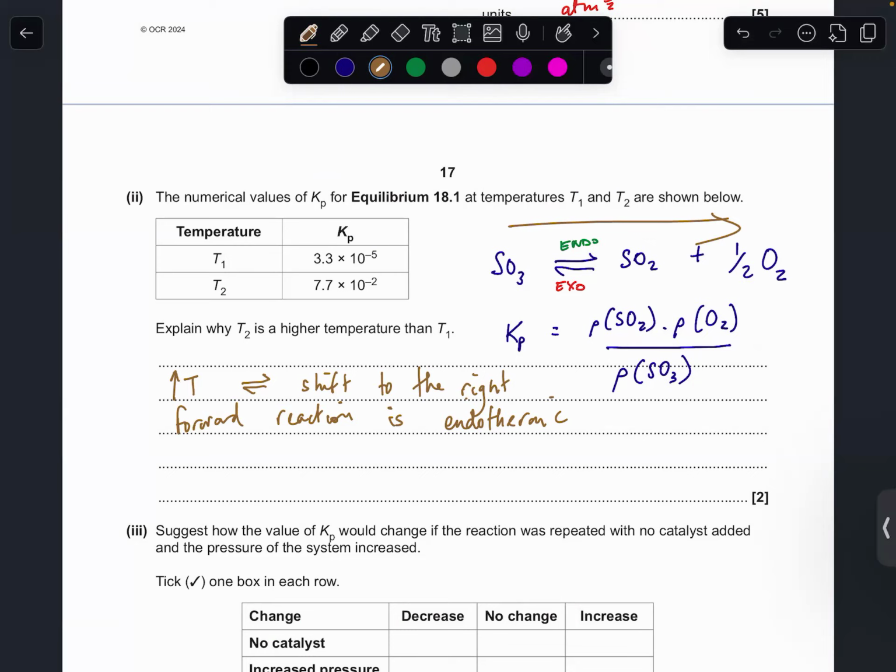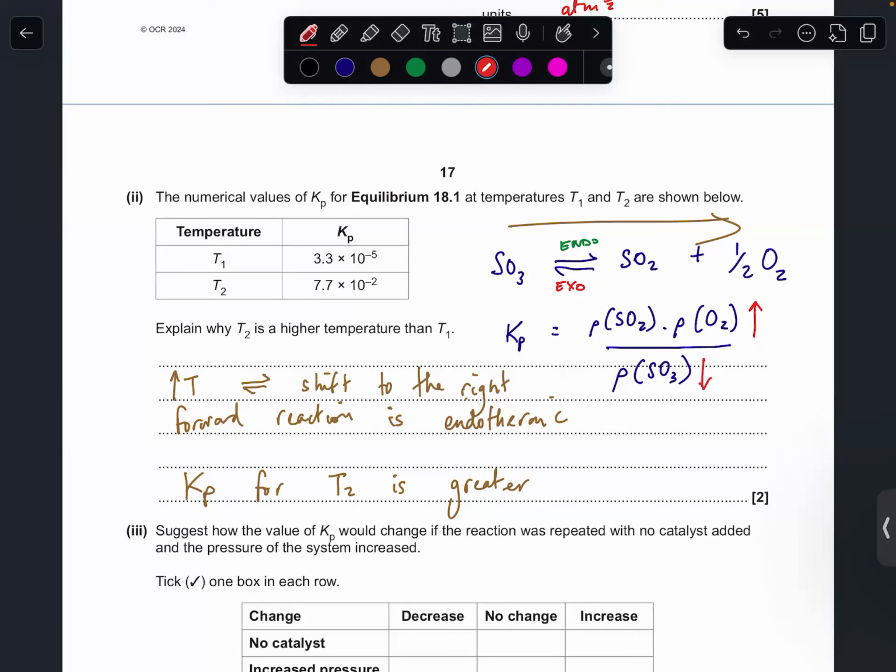The second mark is this idea that by doing this, the Kp value increases. Why does it increase? Because the equilibrium is shifting to the right-hand side, that means the top part of the expression is getting bigger and the bottom part of the expression is getting smaller.